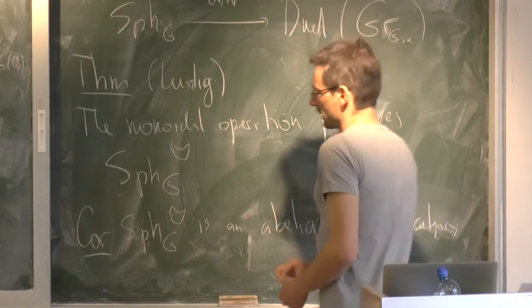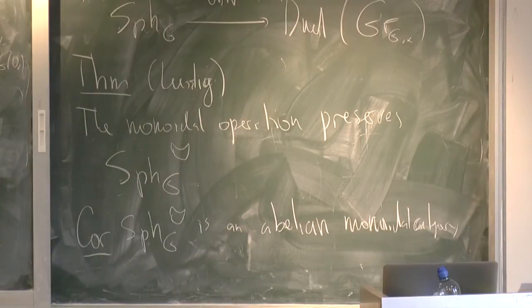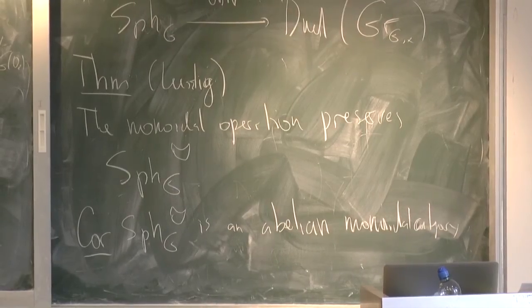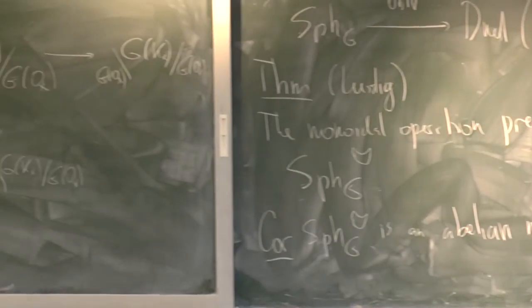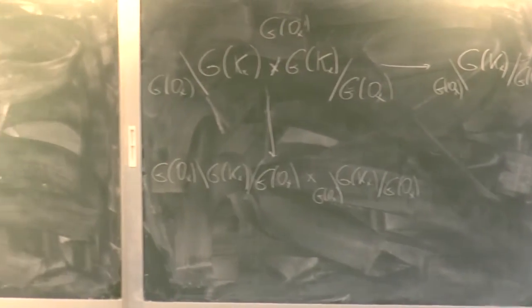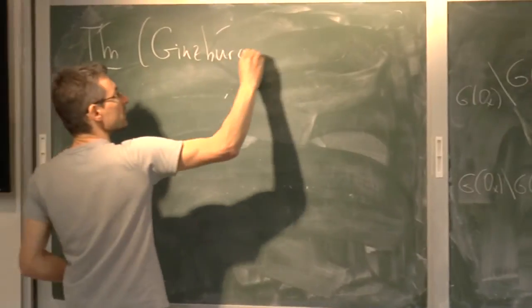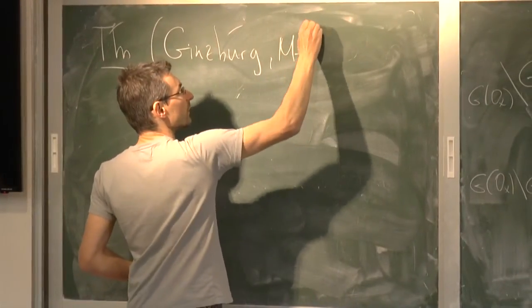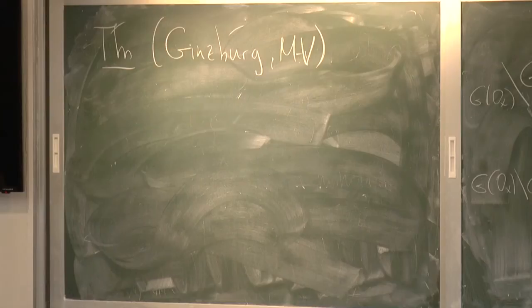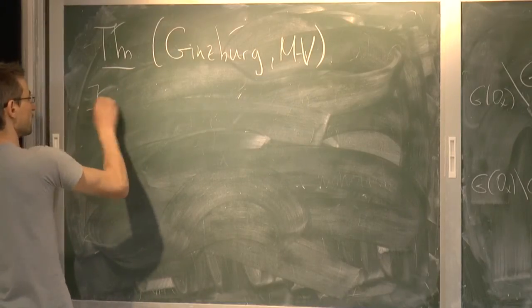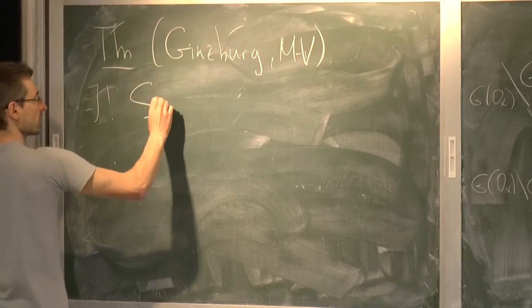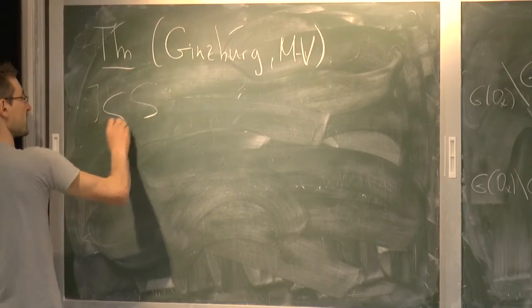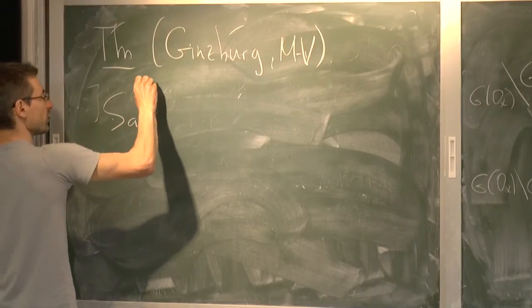All right, and now comes the geometric Satake, which I'm assuming that people have seen before. Namely, the theorem of Ginzburg and Mirković–Vilonen says the following: there is a canonical equivalence, denoted Satake, which we call Satake heart.